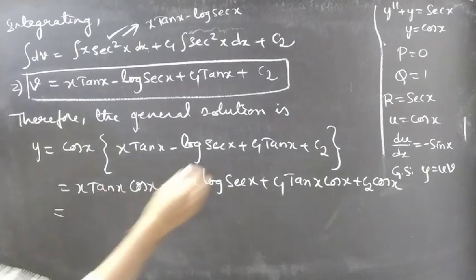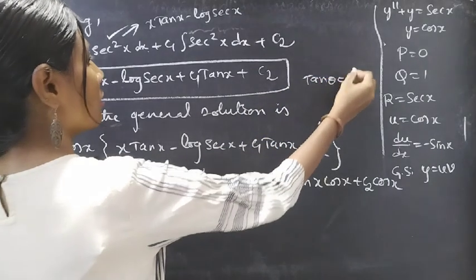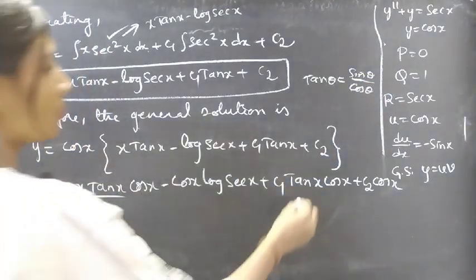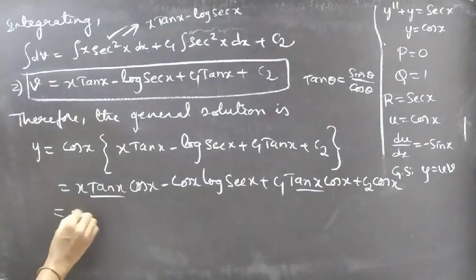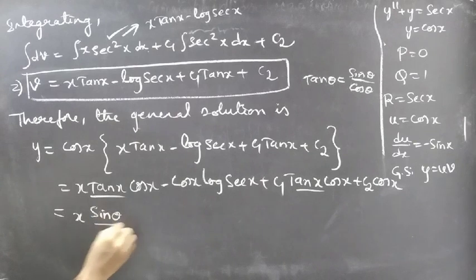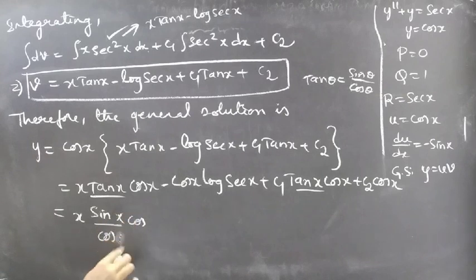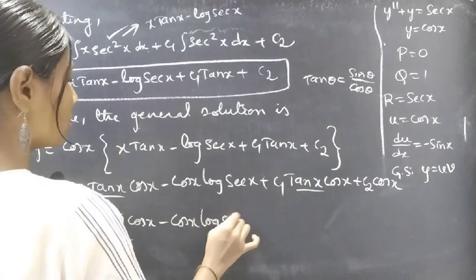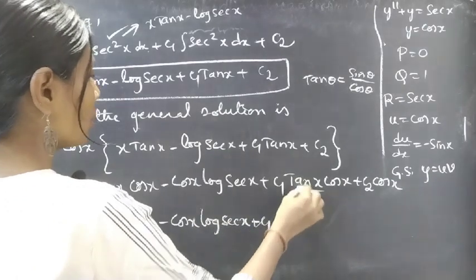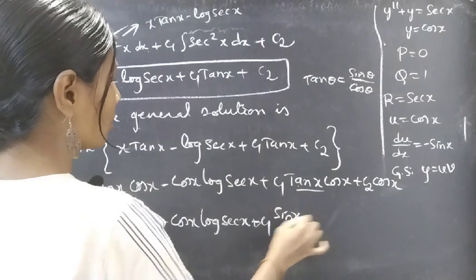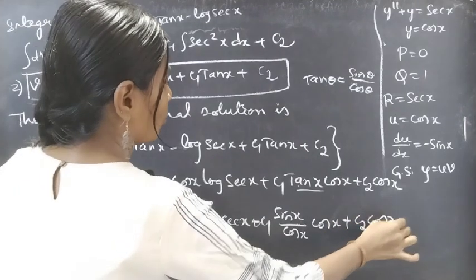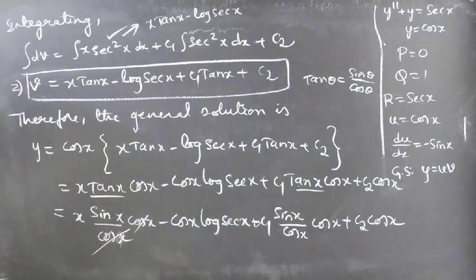Since tan theta equals sin theta by cos theta, we can replace tan x with sin x by cos x. Then we'll get x into sin x by cos x into cos x, minus cos x log secant x, plus c1 into sin x by cos x into cos x, plus c2 cos x, right? Cos x gets cancelled.